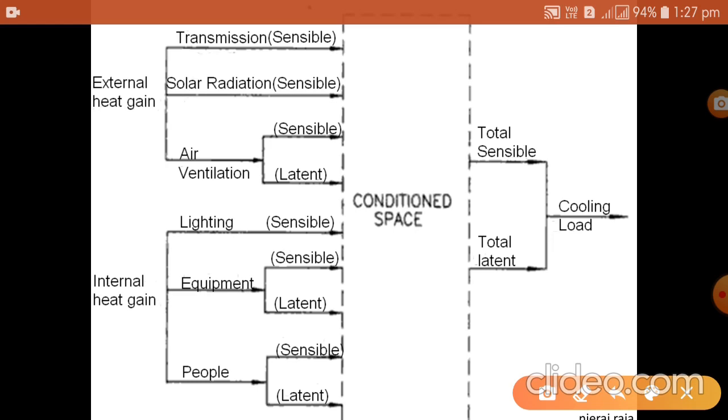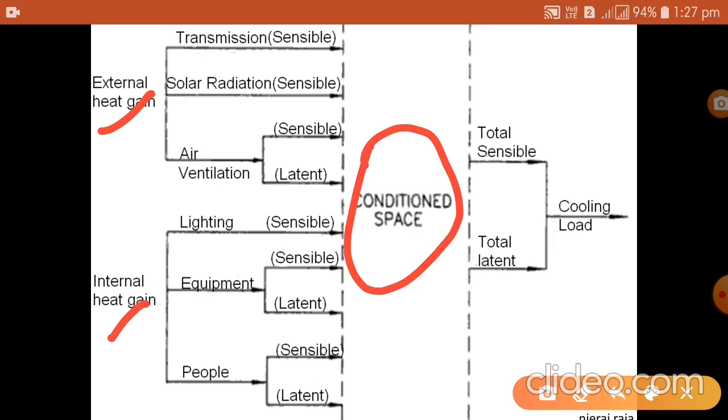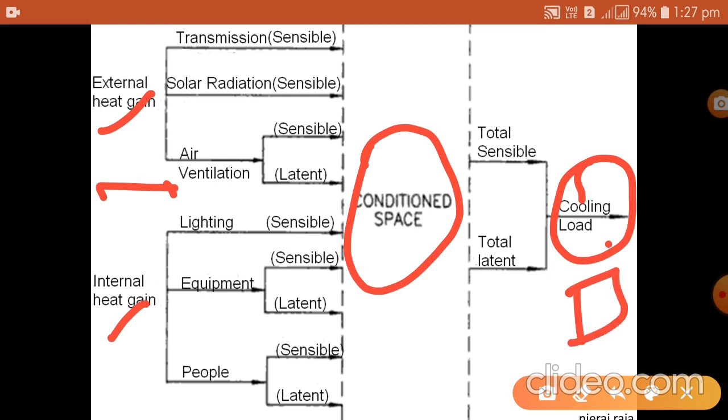You will have this external heat gain, this is your internal heat gain, and this is your conditioned space. The sources you are observing, transmission, solar radiation, air ventilation, then lighting, equipment, and people, are all heat sources. And these total heat sources, which are of sensible and latent type, give you the cooling load that has to act on your air conditioning system. So this is about your cooling load estimation.